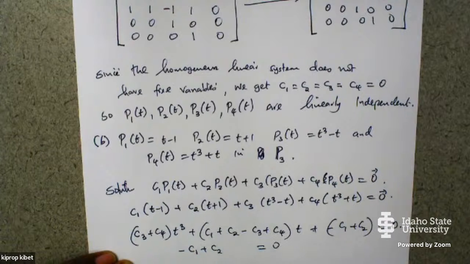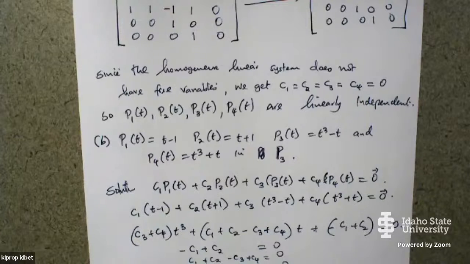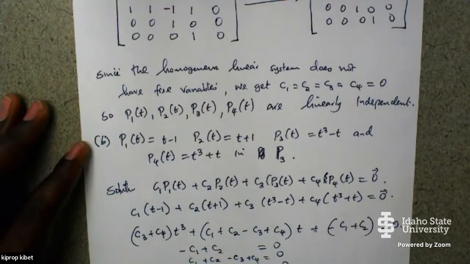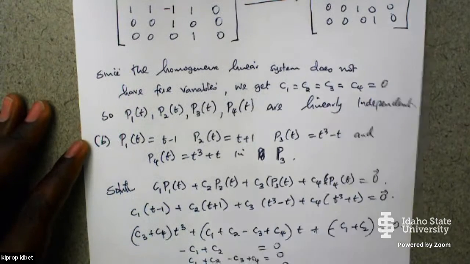We come to this: C1 plus C2 minus C3 plus C4 equals to 0, and then C3 plus C4 equals to 0. Then we now create an augmented matrix from here.